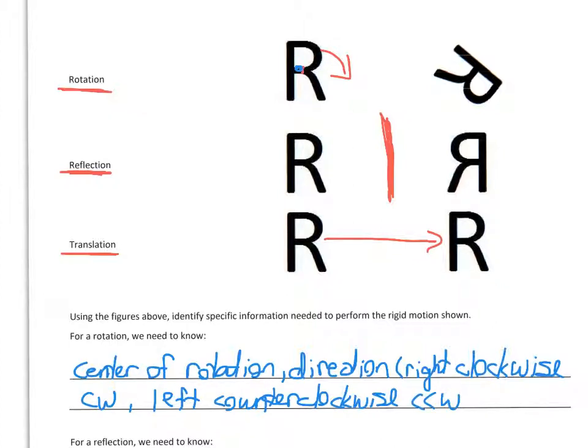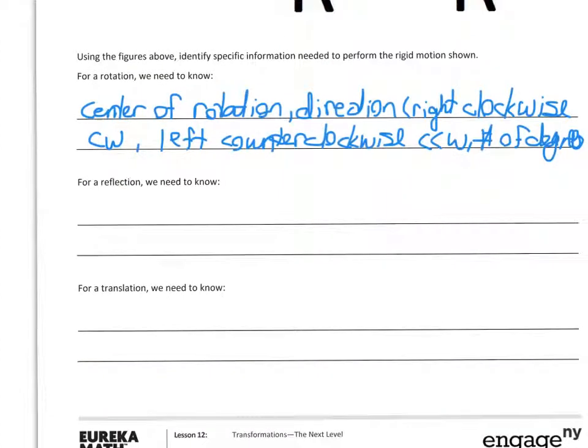And you do it by the number of degrees, like 90 degrees or something like that. Okay, now if you think about the reflection, right, we had R and R.